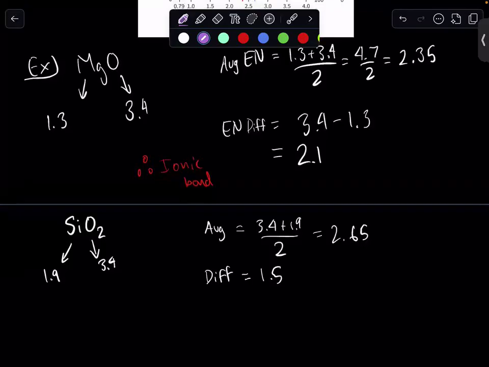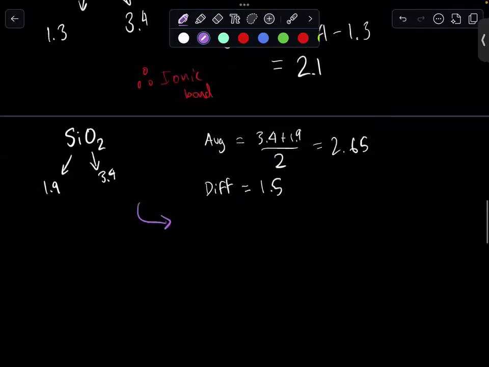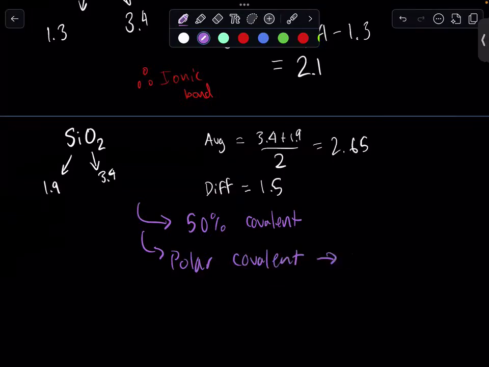So this is still going to be about 50% covalent. And while this is a polar covalent, it does have some properties similar to ionic. And this is what we mean by this continuum.